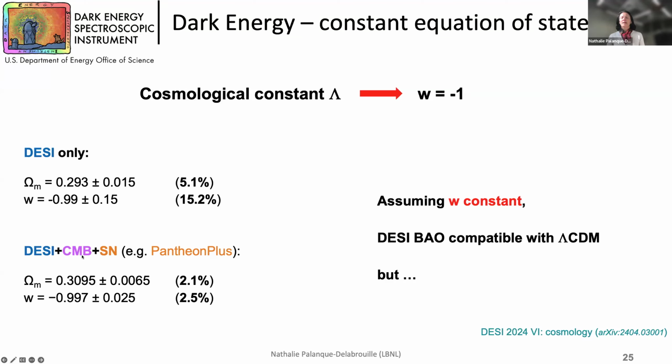However, we can tighten the constraints obtained from DESI alone by adding additional probes, such as the cosmic microwave background, which is also a measurement of the primordial acoustic oscillations in a way, because the CMB does allow us to constrain the size of these features in the cosmic microwave background map.